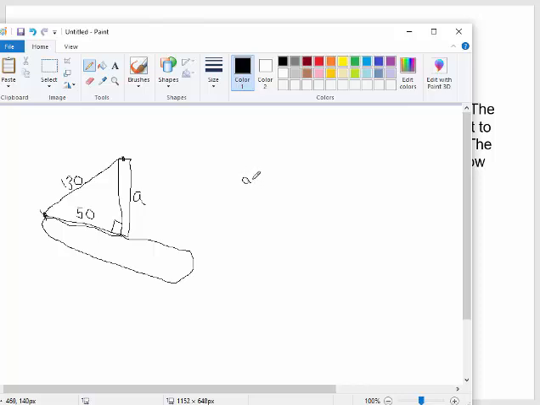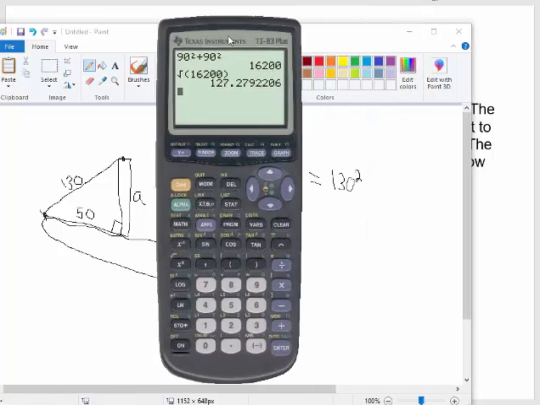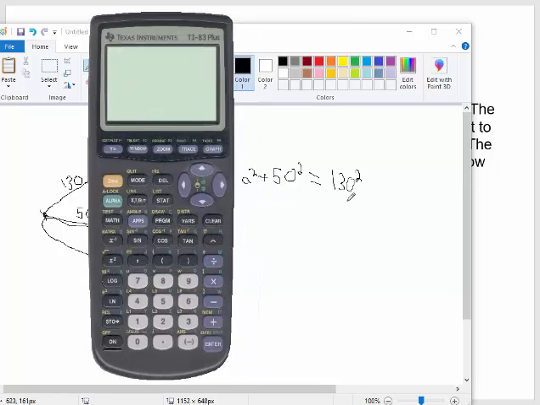So this is A squared plus B squared, that's 50 squared, is equal to 130 squared. All right, let's grab our calculator. First thing I'm going to do is subtract the 50 squared over.